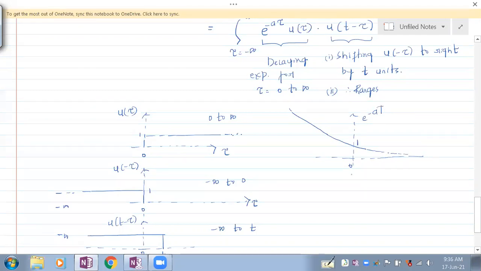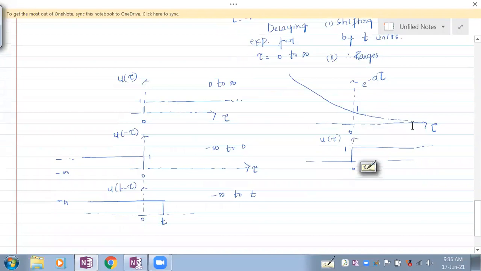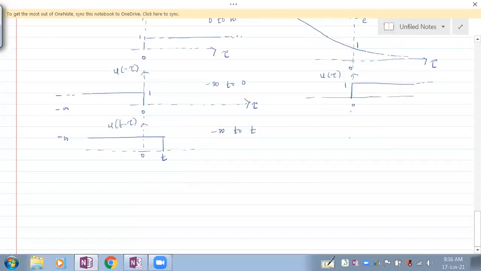This is tau. Okay. So you're multiplying this by u of tau, which is 1 from 0 to infinity. If you multiply these two, you are going to get e power minus a tau u of tau, and that would be this.